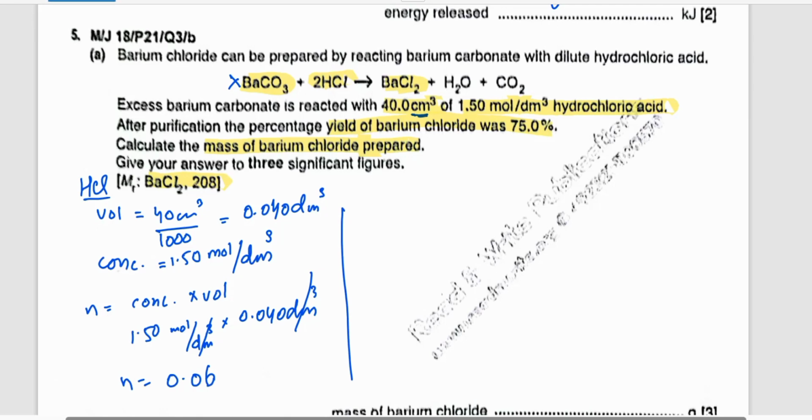Now we use the ratio method. HCl to barium chloride: 2 moles of HCl produce 1 mole of barium chloride.